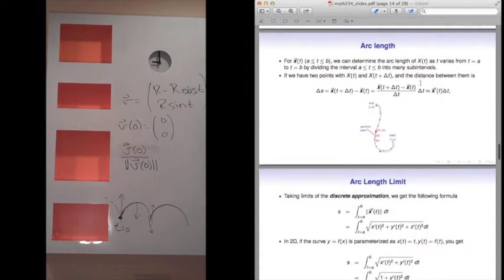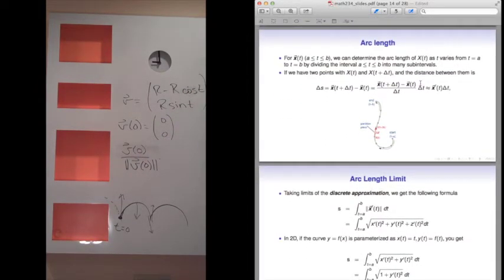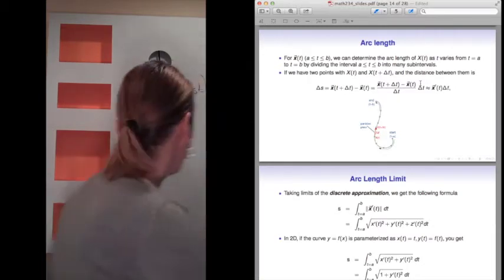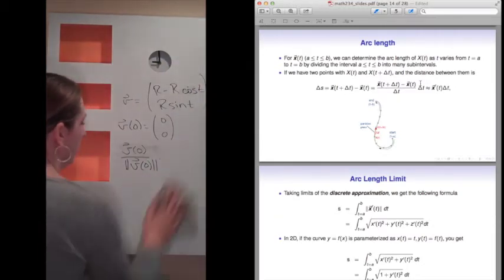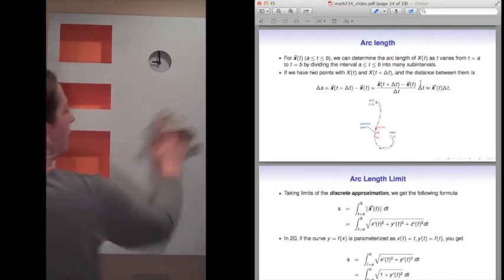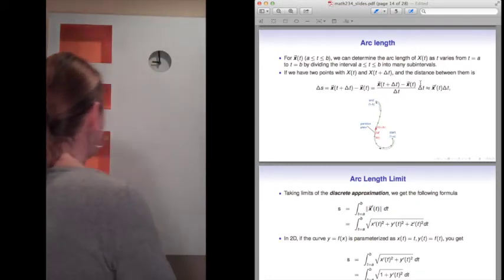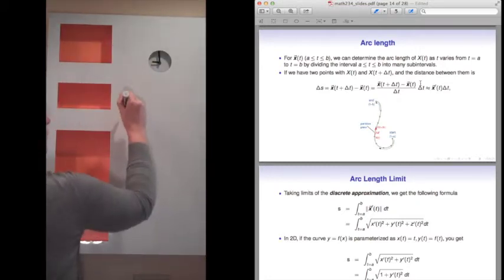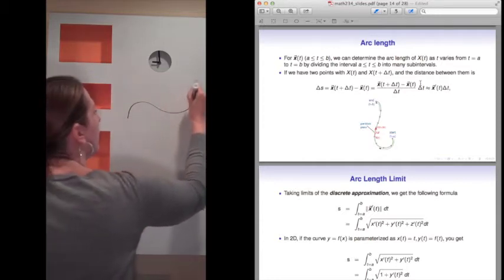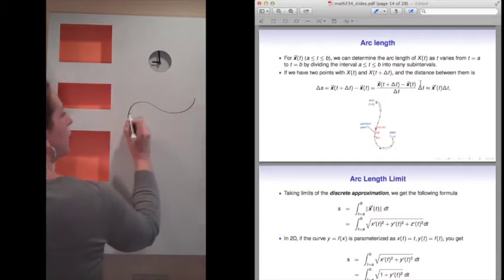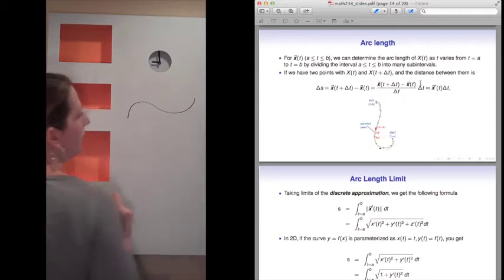All right, so moving along, what we would like to do today is study arc length. So if I draw some curve here, right, I would like to know the total length of this curve.